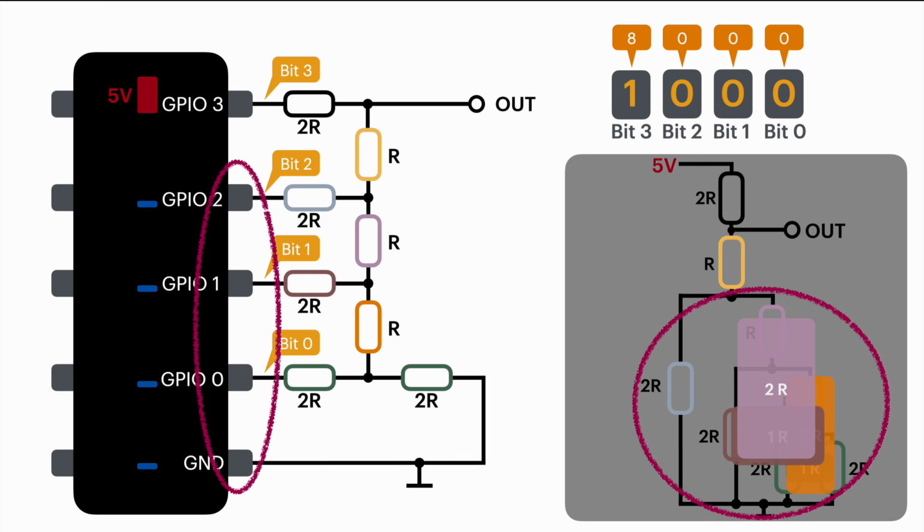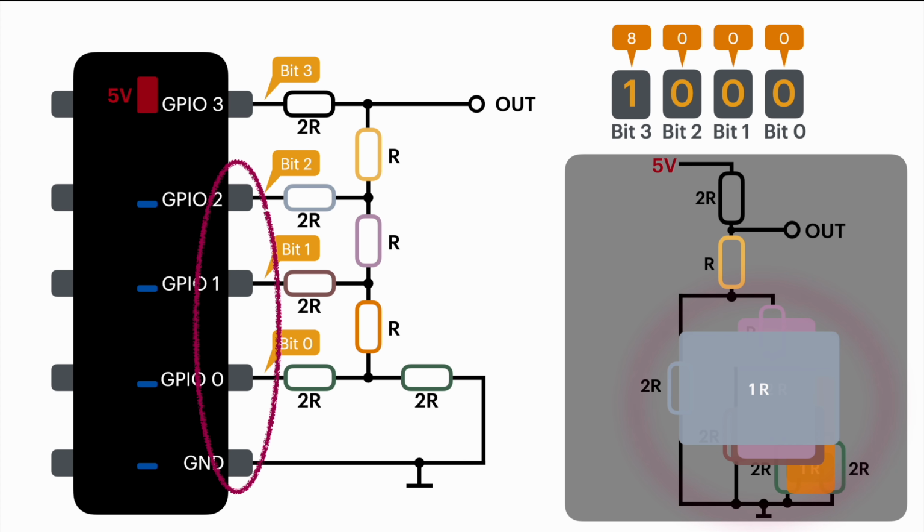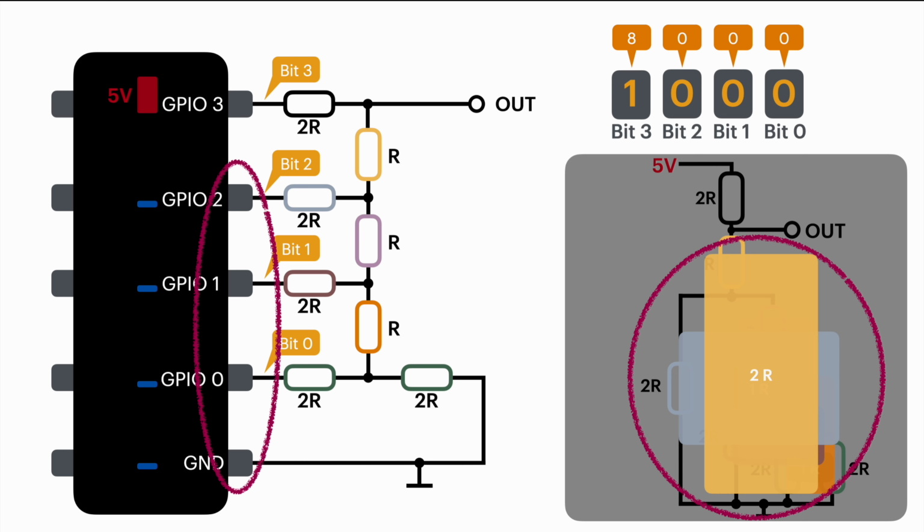Due to the same values of R and 2R, it's always basically collapsing into each other. So again, 2R and 2R in parallel equals 1R, and then we have the last series of R and R, which equals then obviously again 2R.